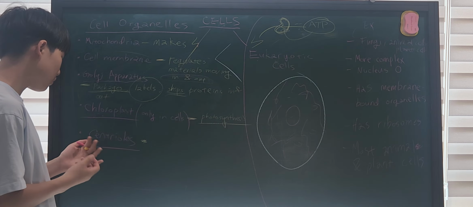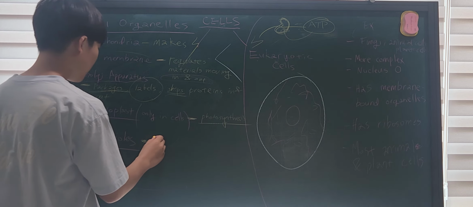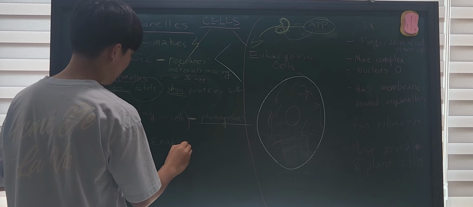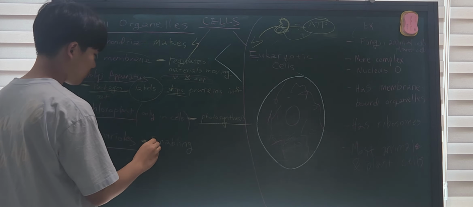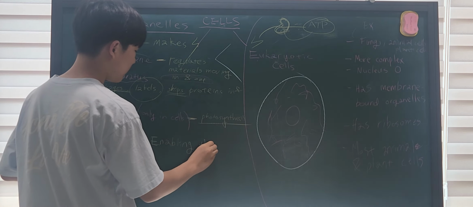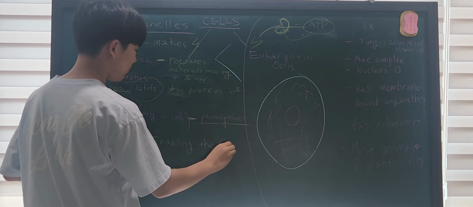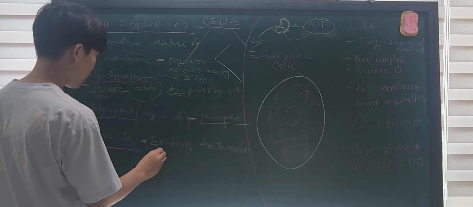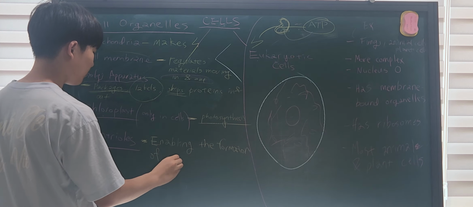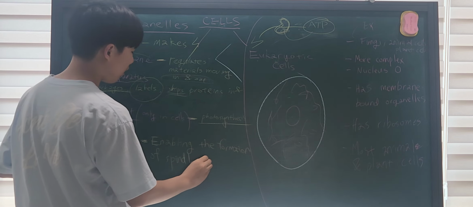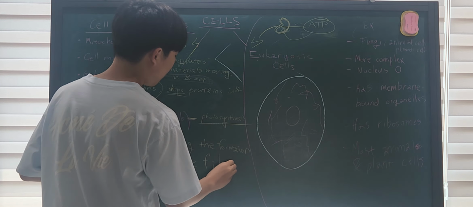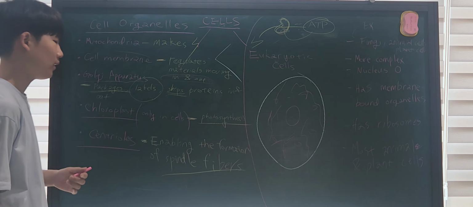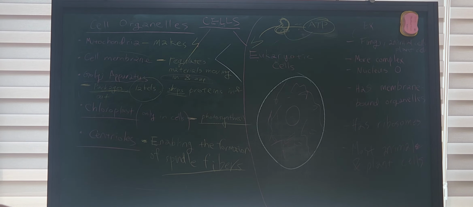And the centrioles play a crucial part in enabling the formation of spindle fibers, which are really crucial for cell division. We're going to learn about this in the future.